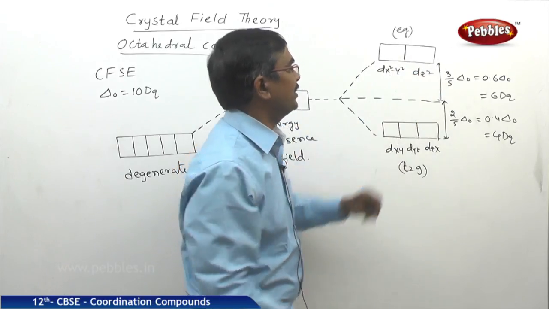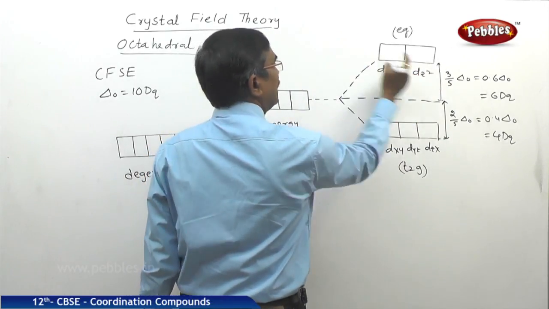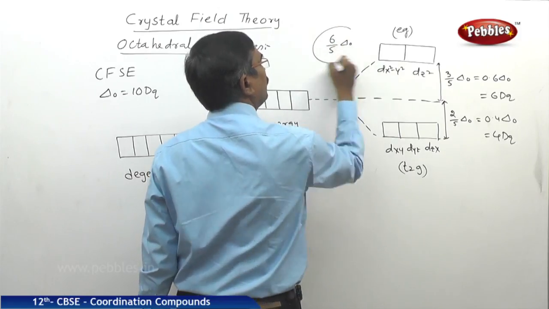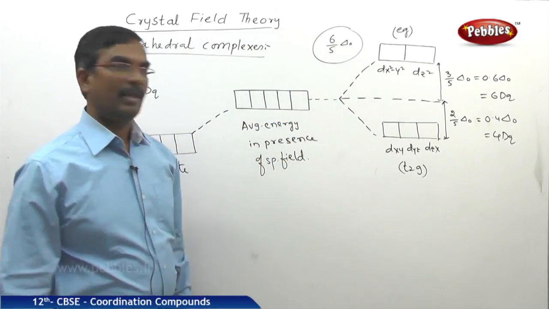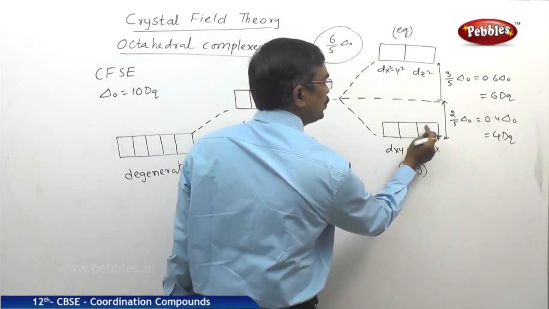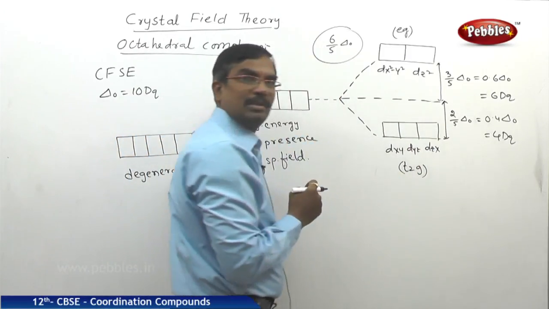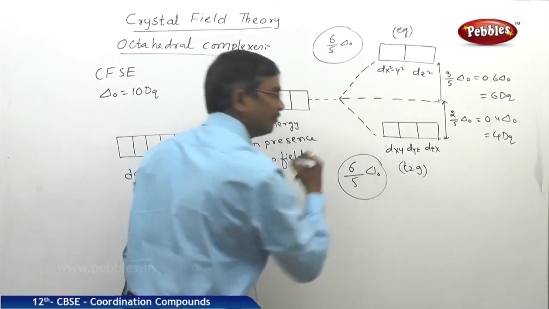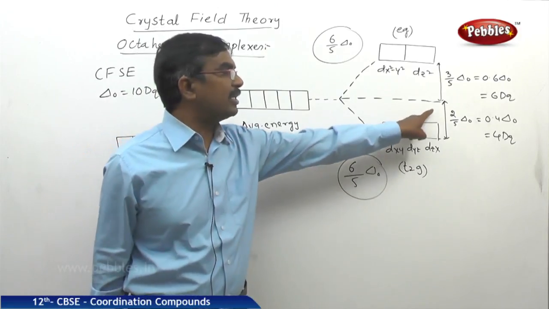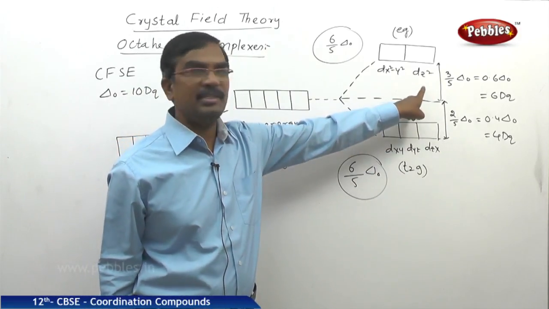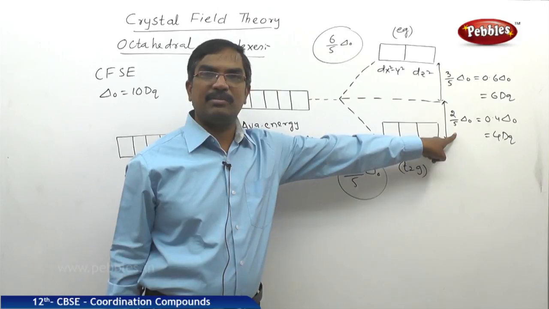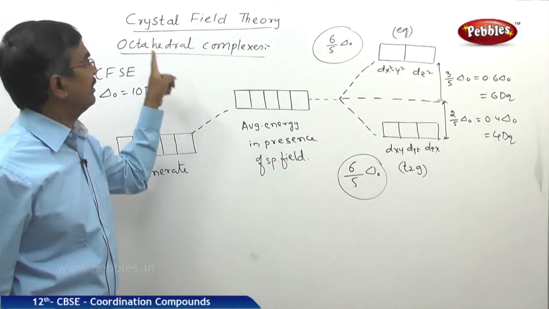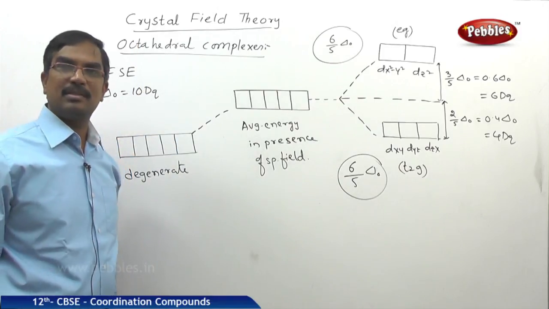That means together they will increase the energy by 2 times, that is 6 by 5 delta O. And how many are there here? 1, 2, 3. So 3 into 2, that is 6 by 5 delta O. So this much they will increase their energy, and in the other case, this much they will decrease their energy.